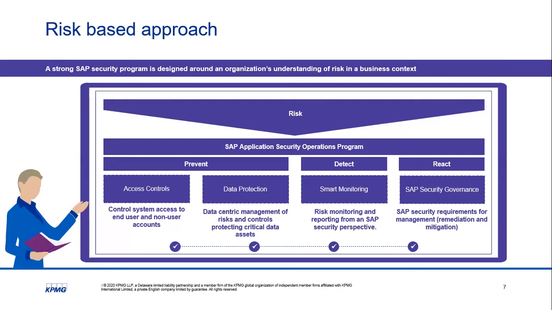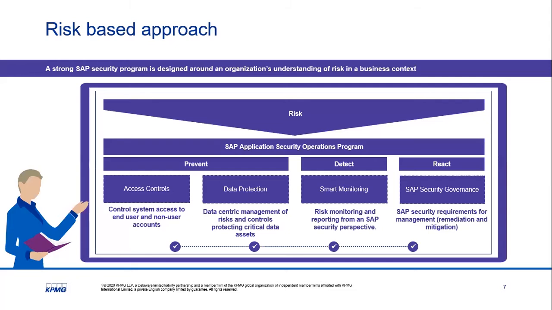Okay, thank you. So from a governance strategy and the understanding of the IT risk landscape, you can then identify the requirements needed for a strong SAP security operations program. We typically separate these requirements into preventative, detective, and reactionary categories.